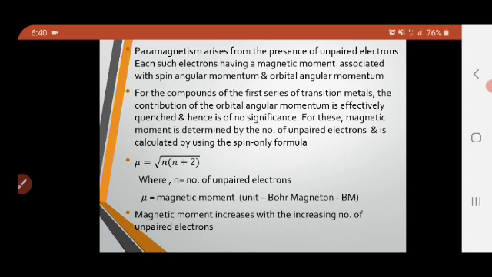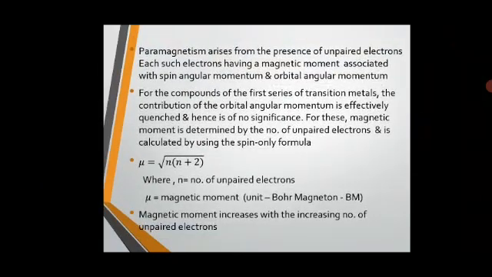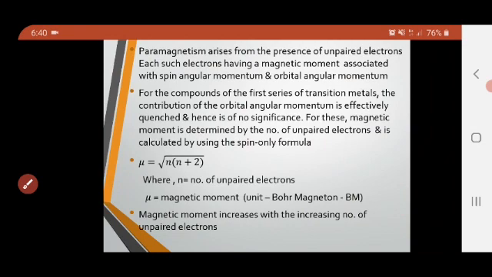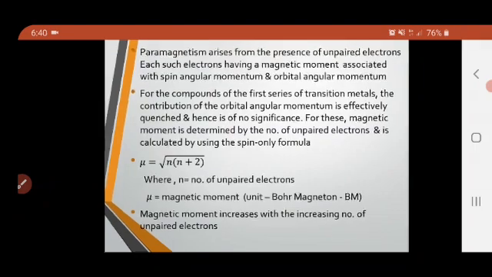Or else you can write the electronic configuration and then find the number of unpaired electrons, but this is the formula which I told. Z minus oxidation state minus 18 is the simplest formula to calculate the value of n. Next, magnetic moment increases with increasing number of unpaired electrons.